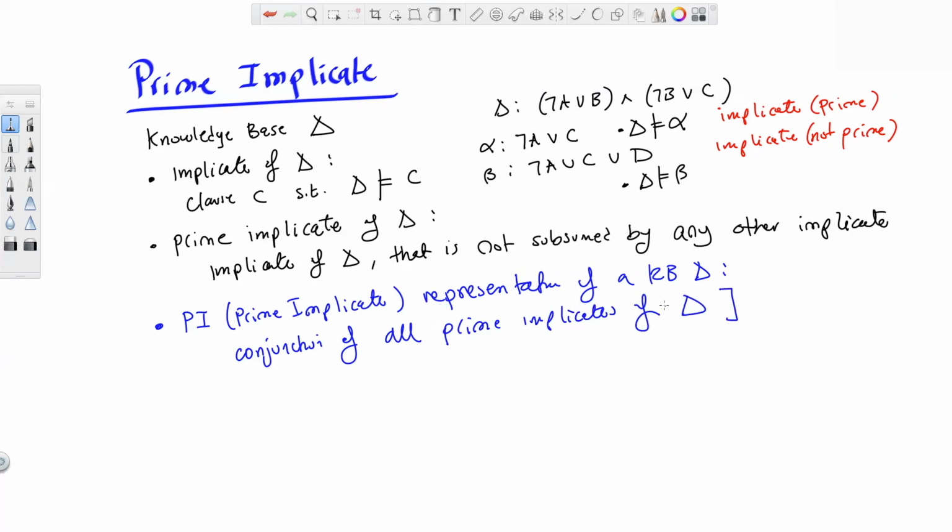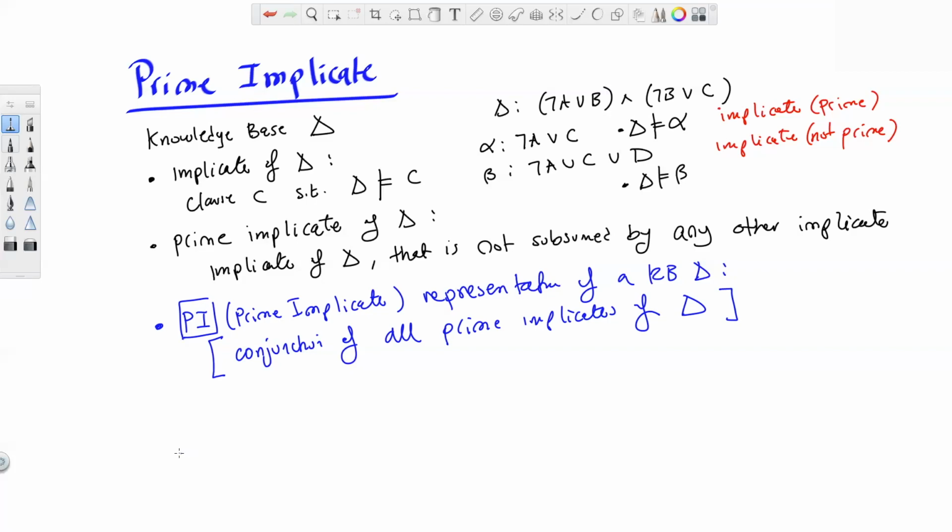That's the new representation that we talked about, and we called it the PI representation when we discussed the knowledge compilation map. It's simply, you take a knowledge base and you compute all its prime implicates, that is, all clauses that follow from it, and those clauses are in a sense minimal. They cannot be shortened. Then you take their conjunction, and that would be the prime implicate representation.